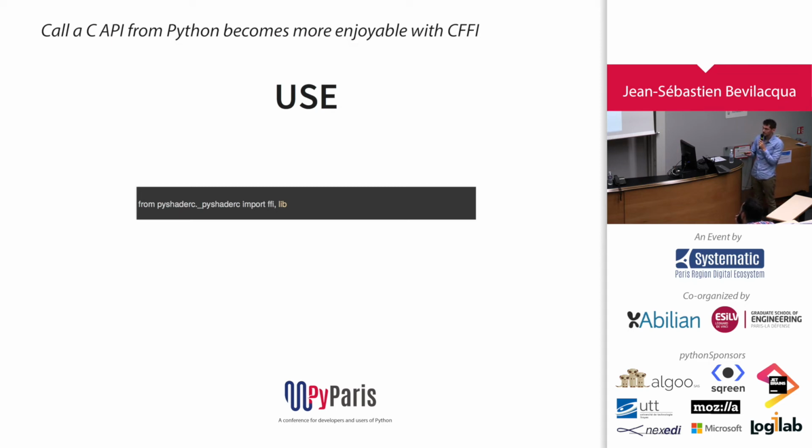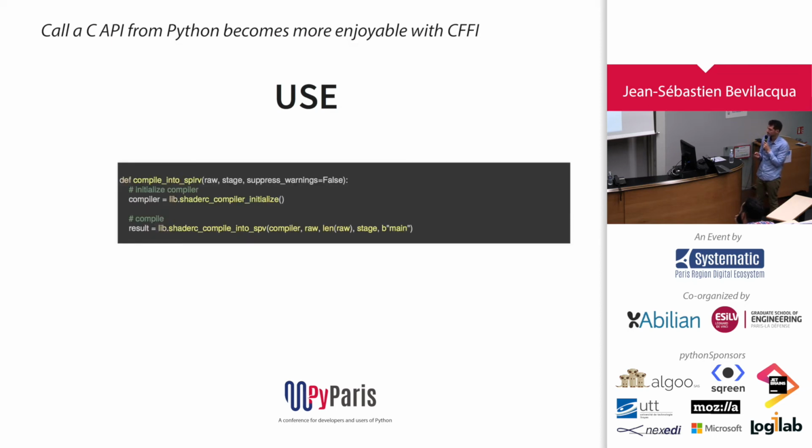This code is located in the init and is loaded automatically when you import your module. So first we load our extension that we have named PyShaderC, which contains ffi and lib modules. Lib contains all functions and structs related to our library. So we need ffi too to interface with our lib.